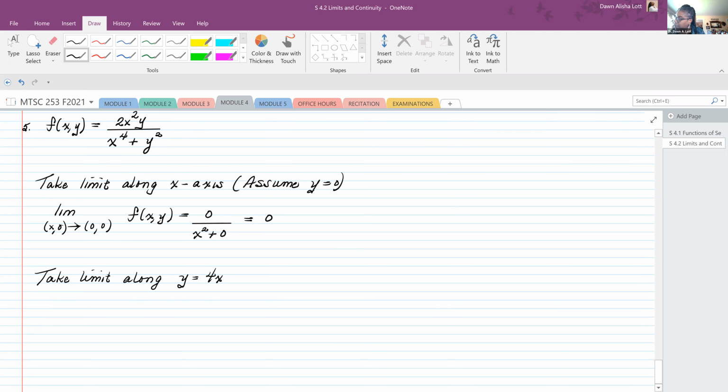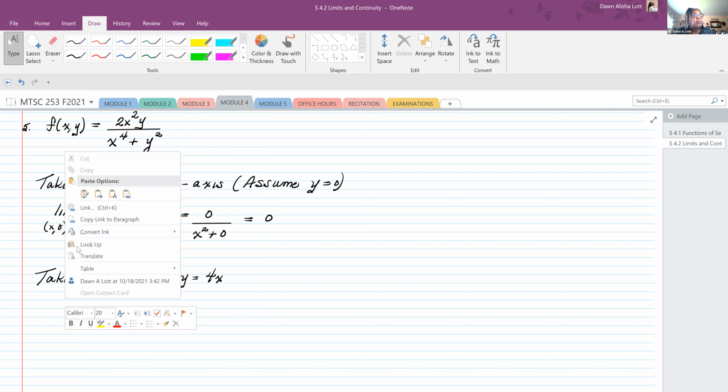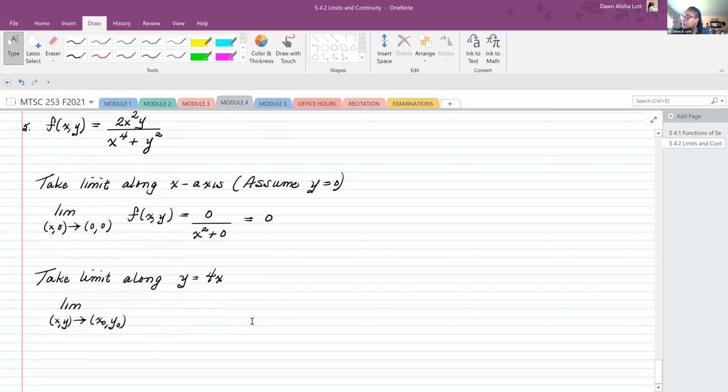Then I get the limit with y equal to 4x. So what does my function look like?